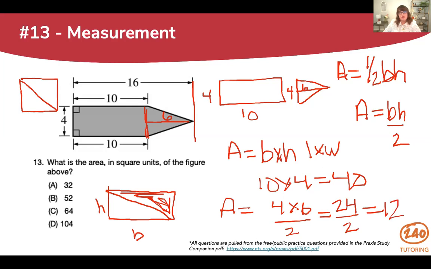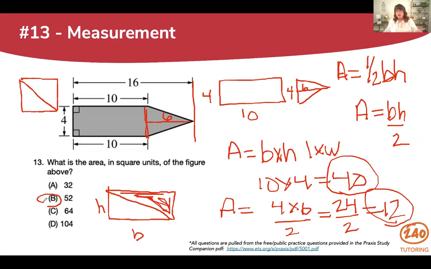So now I know the area of the triangle is 12. The area of the rectangle is 40. So if I want to know the area of this whole figure, I just add those together. 40 plus 12 is going to be 52.